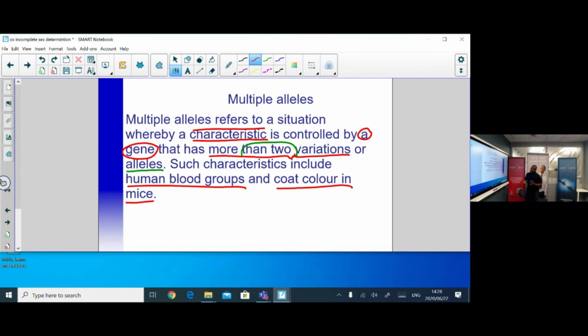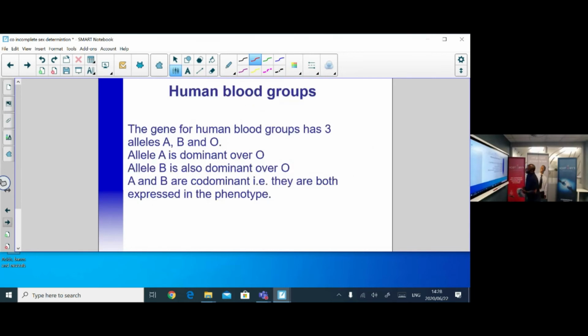If we look at our page setter for grade 12, it needs us to understand what we mean by human blood groups. The human blood groups have three alleles: A, B, and O. You see, it's different from the previous one.